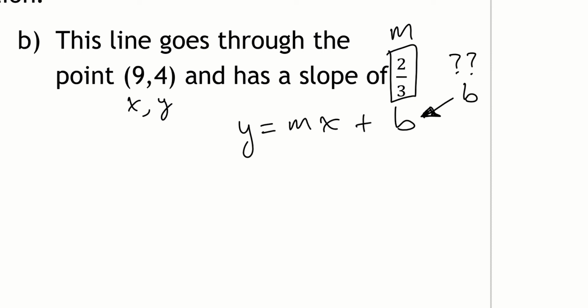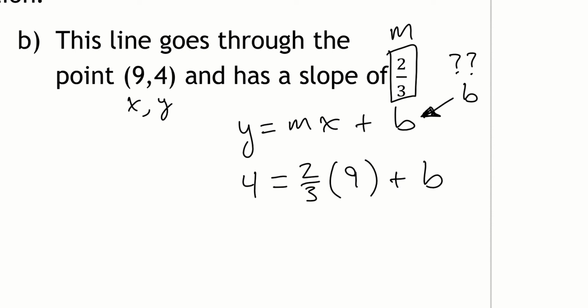So looking at the point, I have a y value of 4 for the point that lives on the equation. So I'm going to write 4 equals, and then I'm going to write my slope parameter, 2/3, and then the x value of the point that lives on the line. So there we go. I've got 4 equals 2/3 times 9, and then plus b.